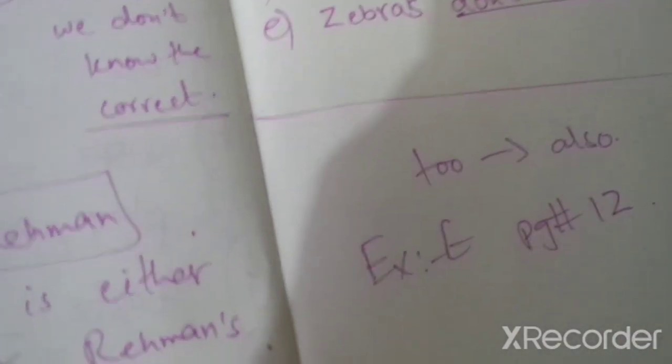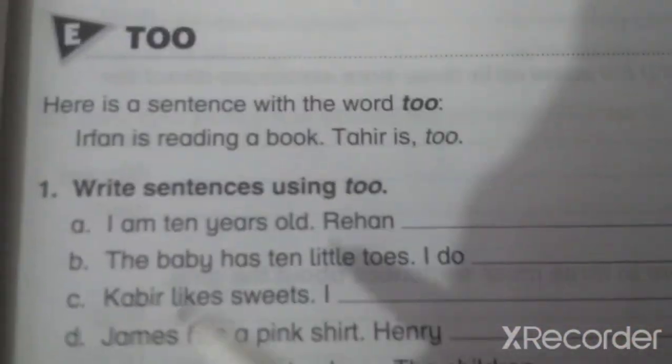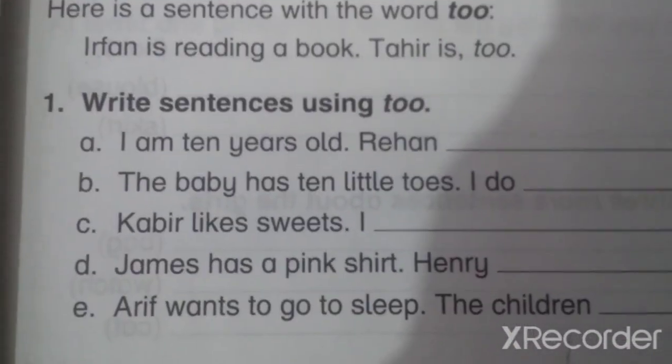So we're doing exercise E on the workbook, and we have to add too to complete the sentences. Now the first part says, I am 10 years old.